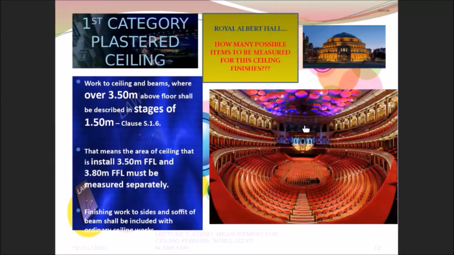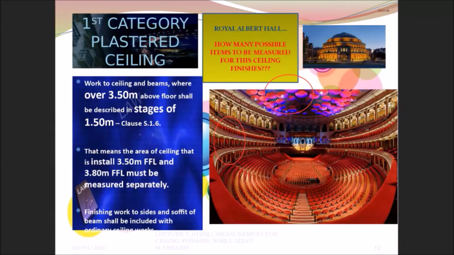If you need to install this ceiling, you need to install very high scaffolding. That means if you need to measure the ceiling at this area and this area, of course you cannot measure together according to this clause. Why? Because you need to write in stages of 1.5 meter.